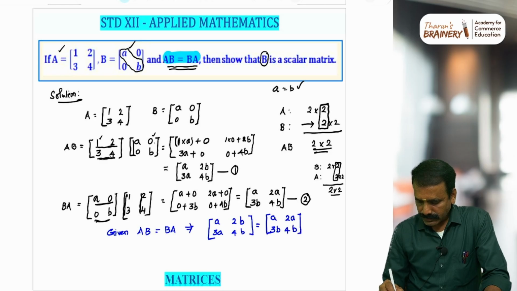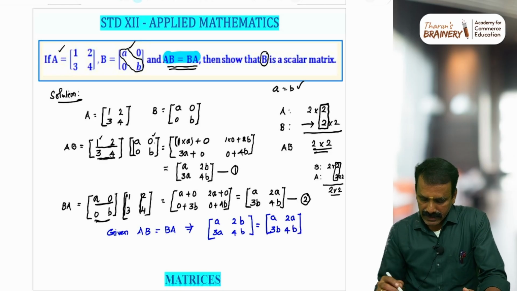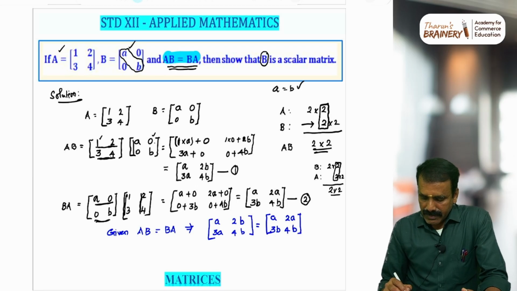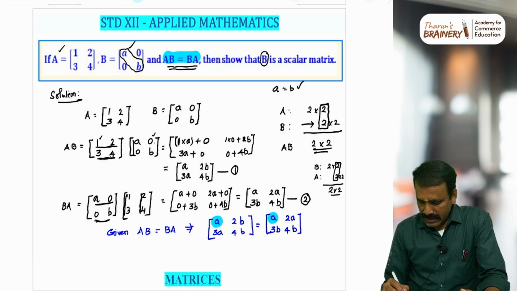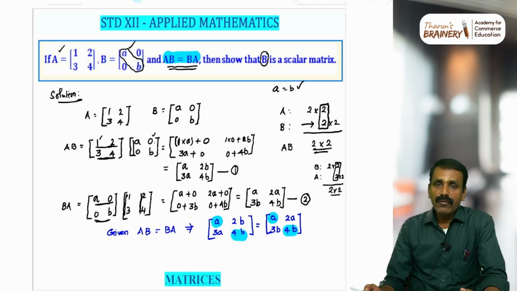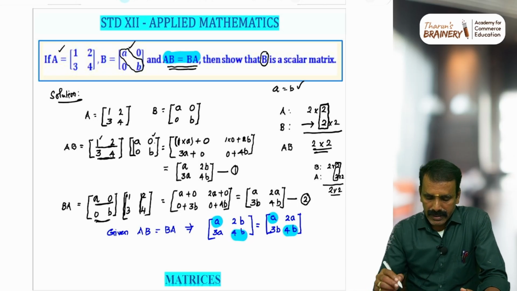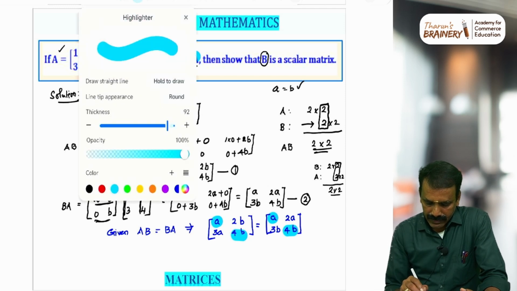Already you can see that the left hand side matrix and right hand side matrix are equal. The first element is A here, and the first element is also A there. And the second row, second column elements are the same, 4B. Because these two matrices are equal, their corresponding elements must be the same.